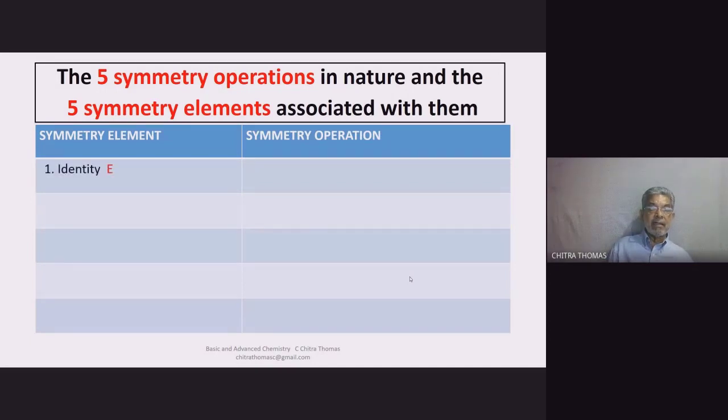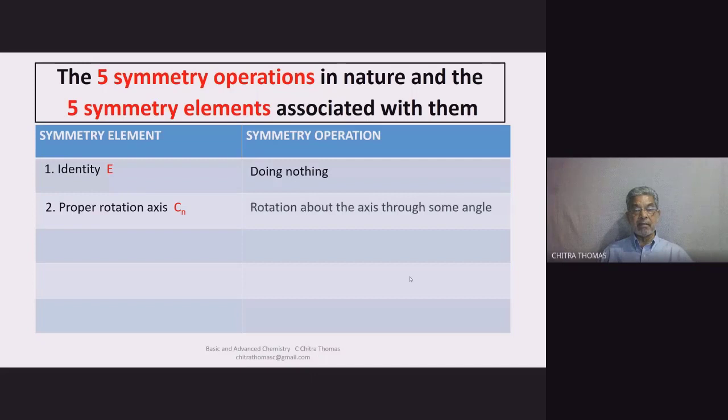Identity. Symmetry operation is doing nothing. Suppose I have the water molecule like this. I don't do anything with this water molecule. Then I say that I have performed an identity operation. Doing nothing is identity. Then proper rotation axis, rotation about the axis through some angle. Mirror plane or the plane of symmetry sigma, reflection about the plane.